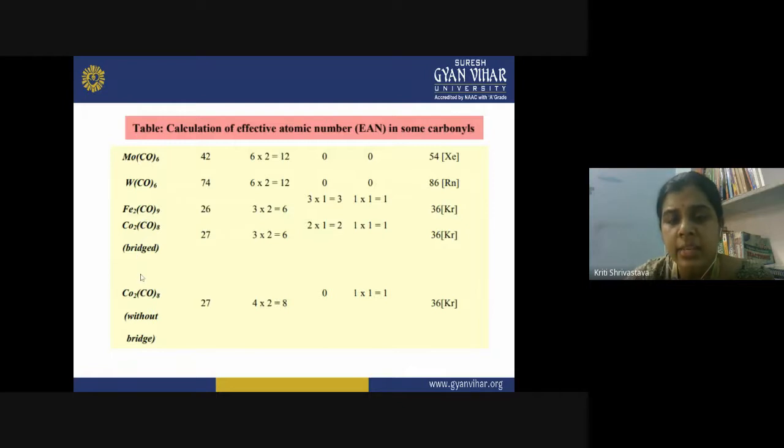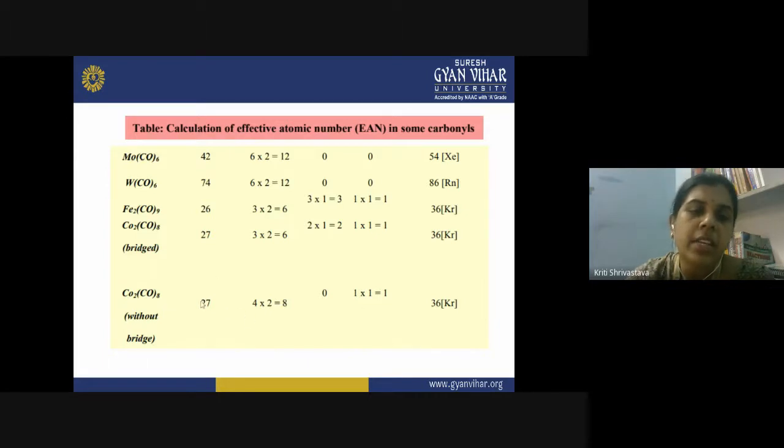Let us see the similar calculation for another isomer. Here we do not have a bridge structure, and the 8 carbonyls are all in the terminal mode. So each cobalt has 4 terminal carbonyls and one metal bond.